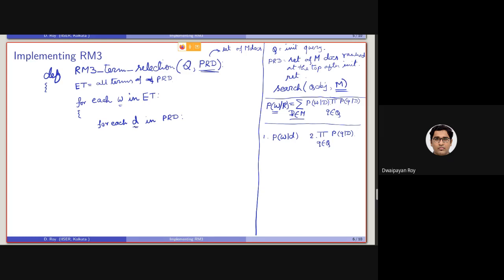So for each d in PRD, we first perform the computation of this P(w|d).